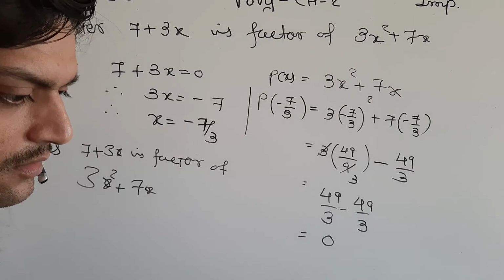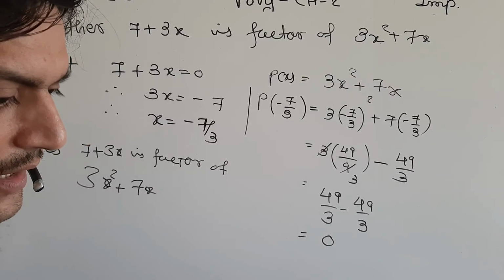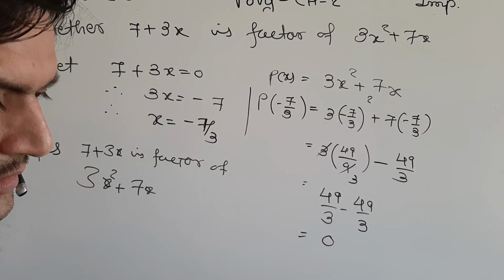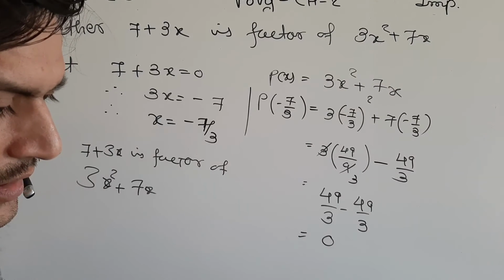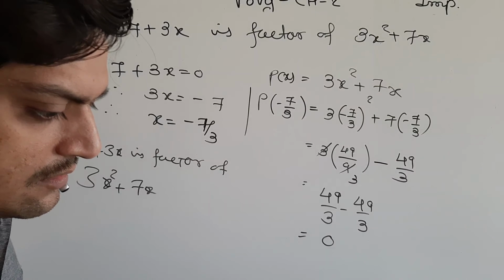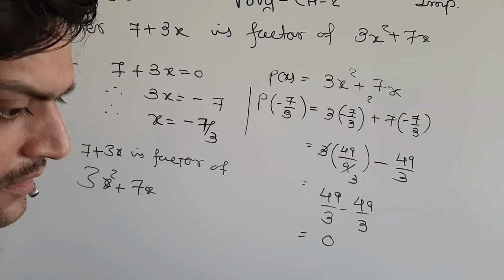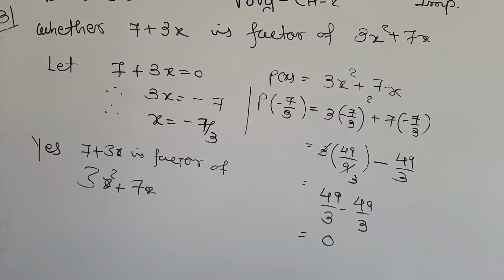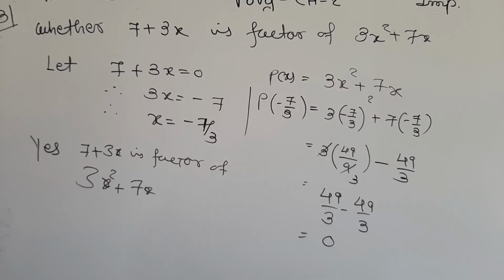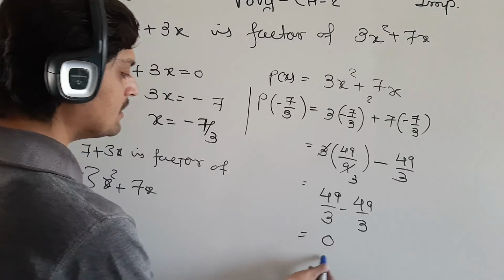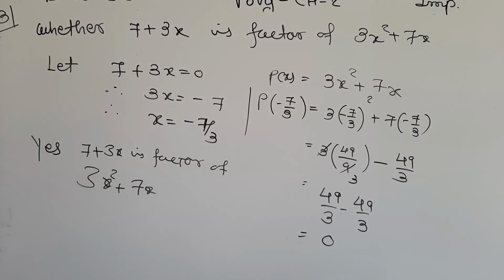Divyaraj says again, no, it's not a factor. Very good, very fast. Yes, only a few say third question, remainder is not 0. No, it's not like that. The remainder is 0, so it is a factor.